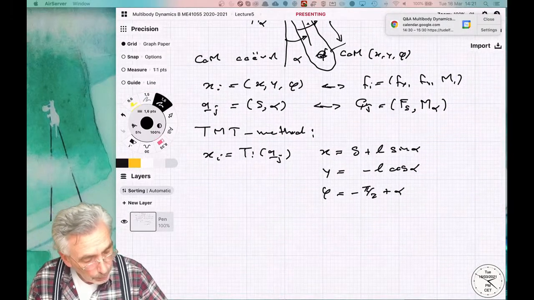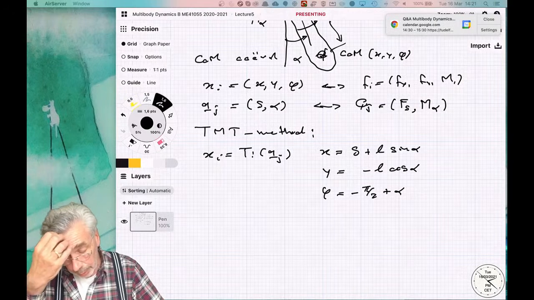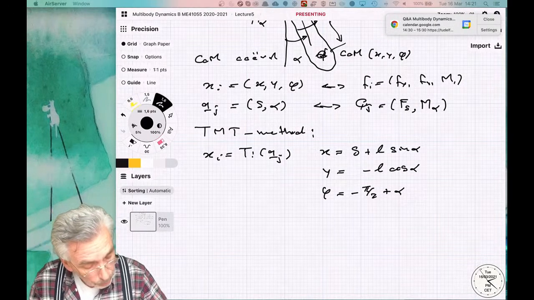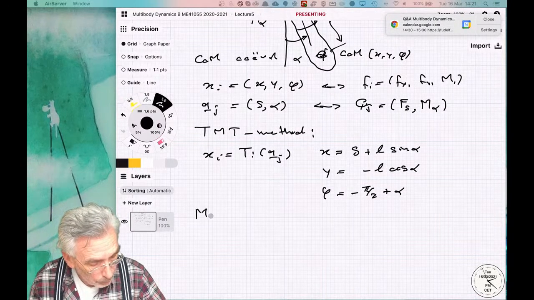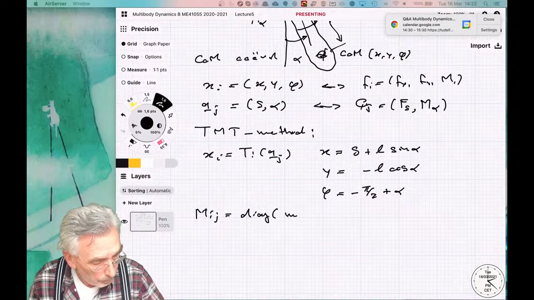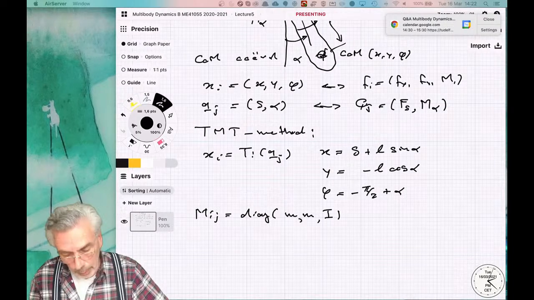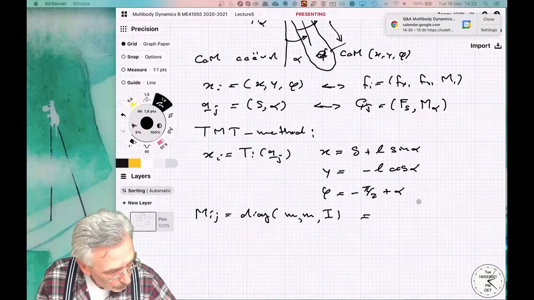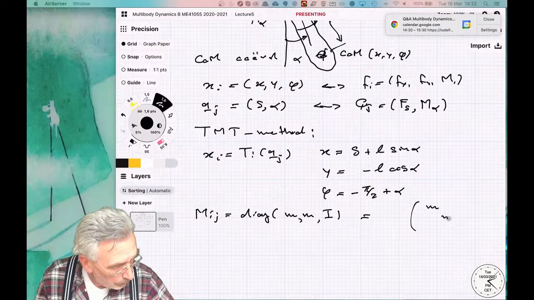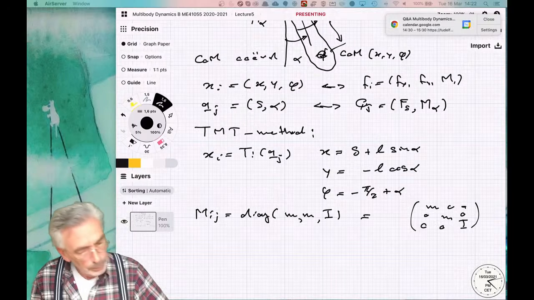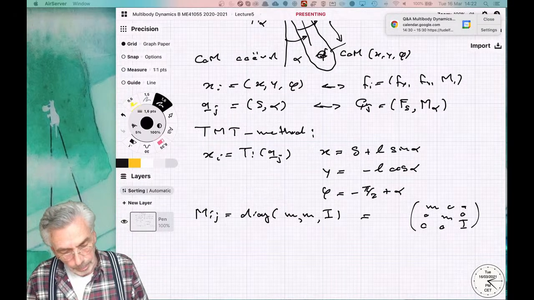This having said, of course we need a mass matrix, but the Mij in our case is just a diagonal matrix with m, m, and I, all zeros elsewhere.